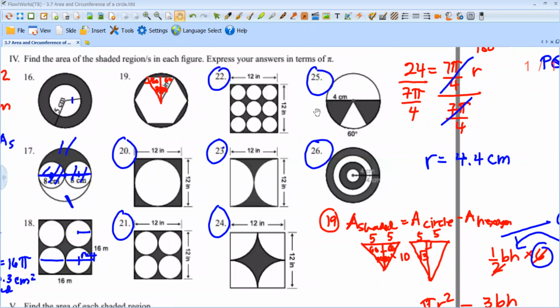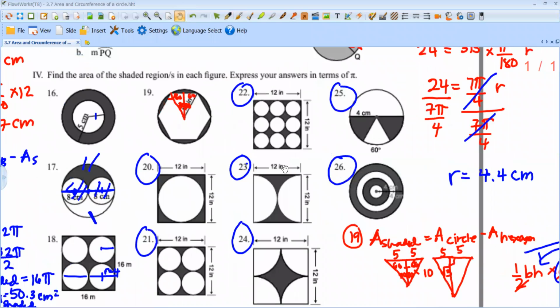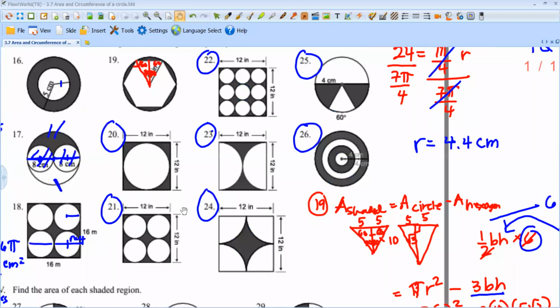This type of questions, right? 20, 21 until 26, okay? So get the area of the shaded: get the full area minus the area of the inside, okay?